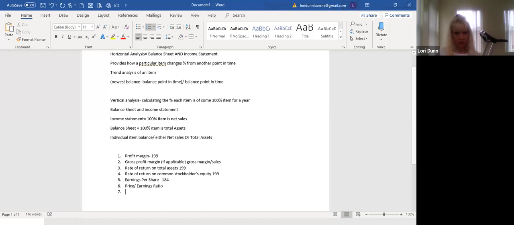So the profit margin ratio, I already talked about it, and I pointed it out to you when we did our vertical analysis. By the way, these do have the title profitability. That's what we're measuring here. Profit margin is found by taking net income divided by net sales.